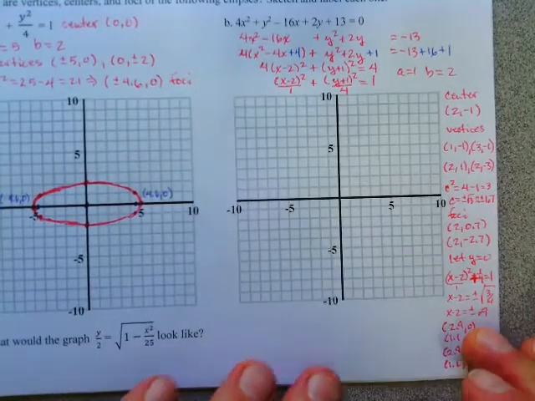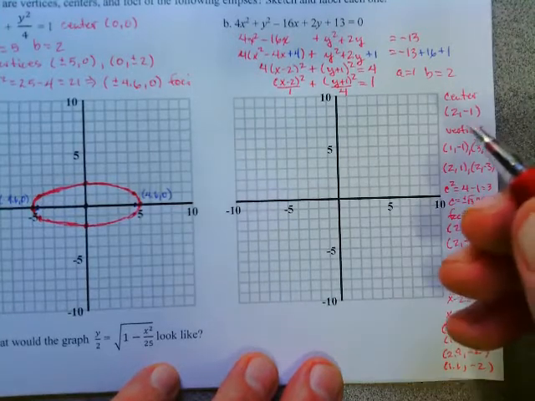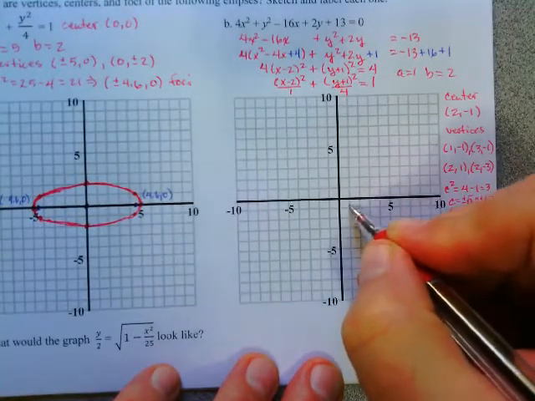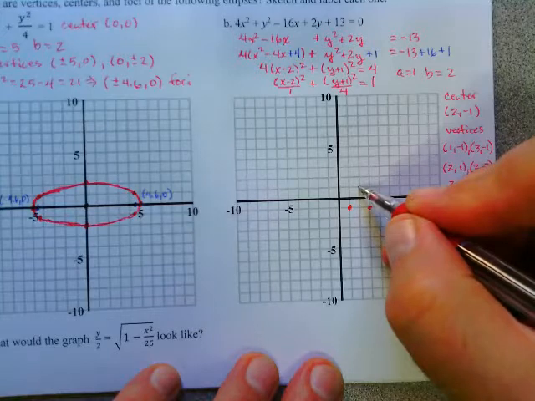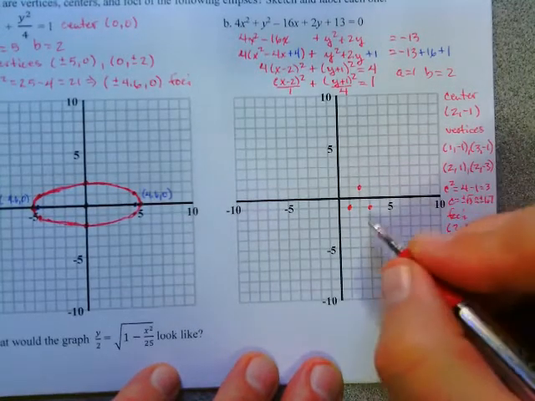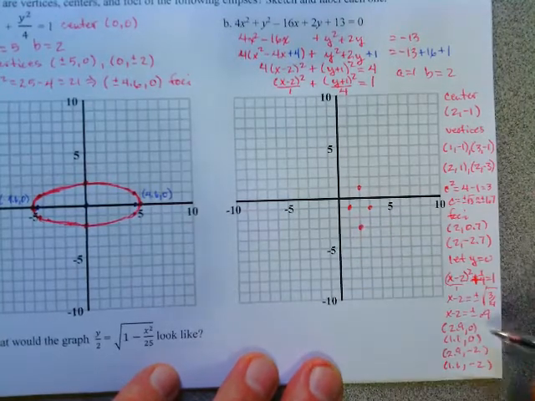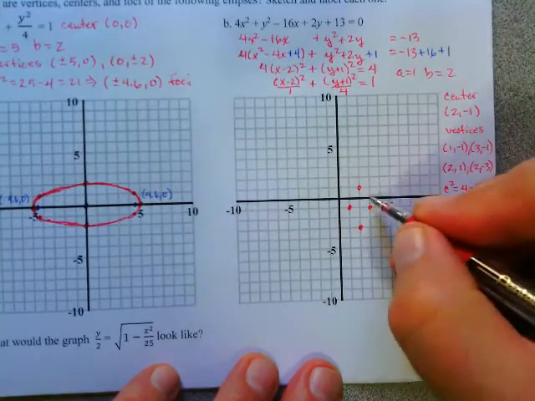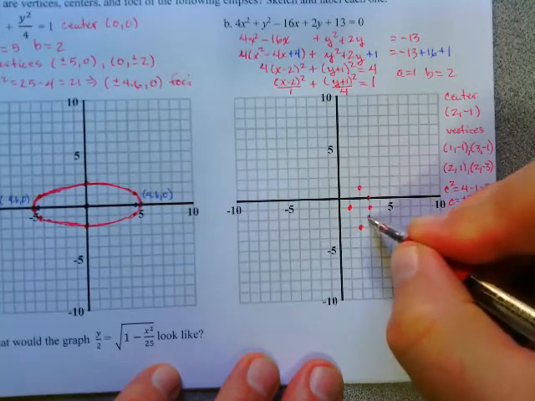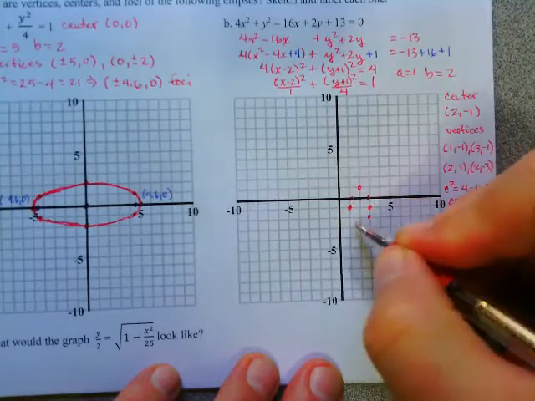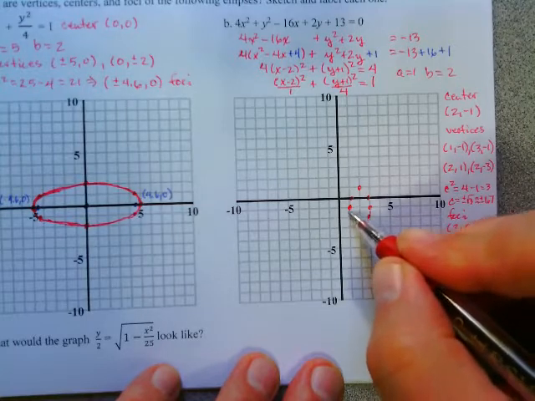Now this is not a very big one, but we have, let's see, first we have (1, negative 1) will be here, (3, negative 1) will be there, (2, 1) will be up here, (2, negative 3) will be down here, and then we have 2.9 at 0, so pretty close to there, and then here by symmetry, and here and there, and so not a very big football looking thing.